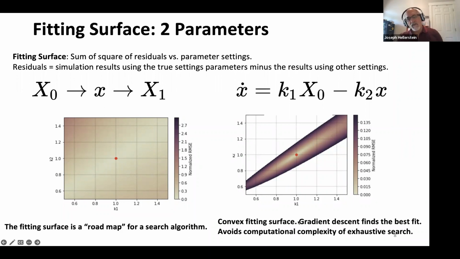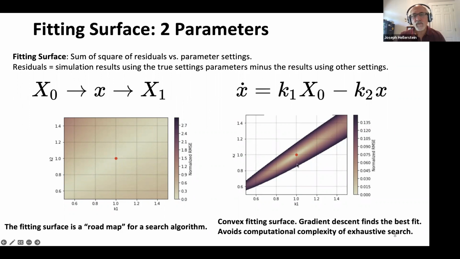I talked a little bit about that generic algorithm, about this notion of gradient descent. And you can see that's actually very graphical and intuitive here, because I've got this gradient of RMSE values, and I'm going down that gradient towards the true value. And that's what gradient descent does. And for a convex surface, that's exactly what you want to do.